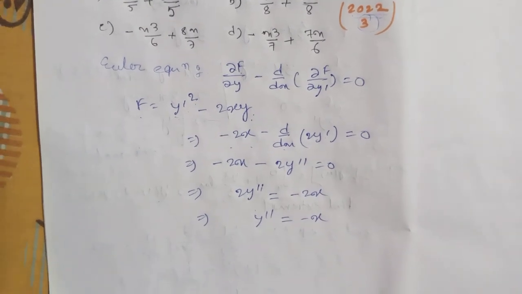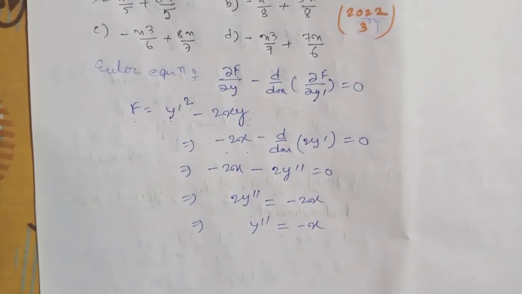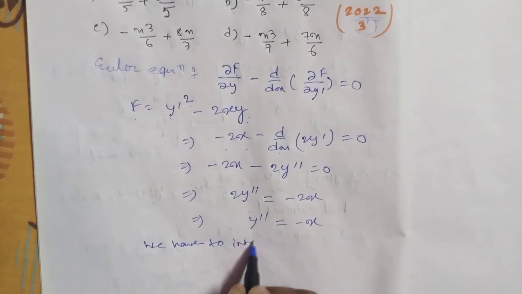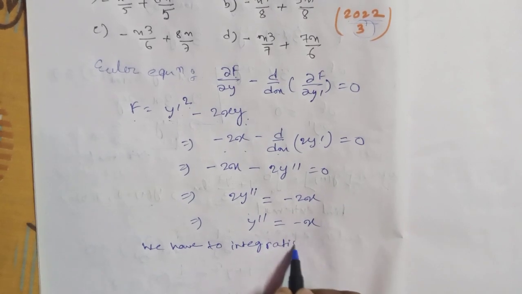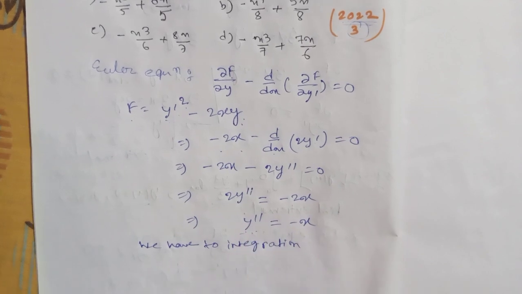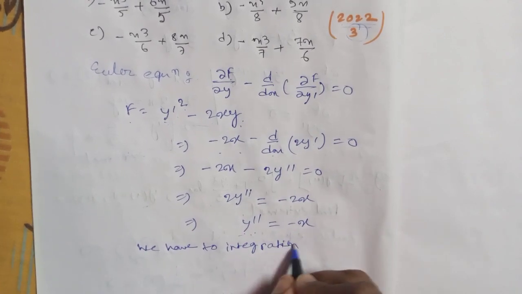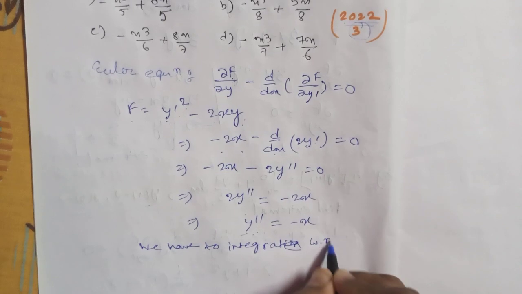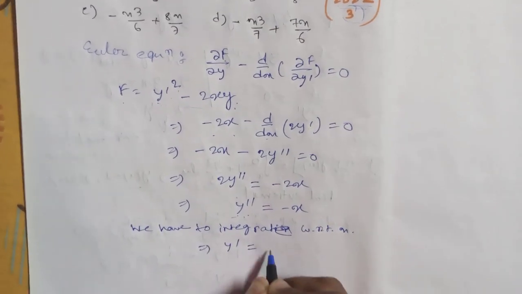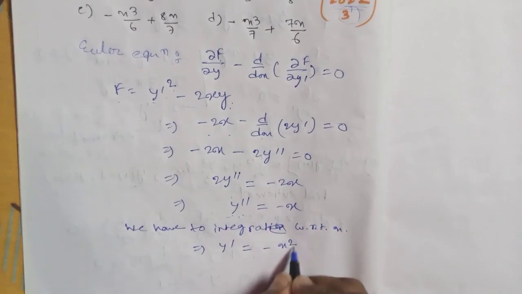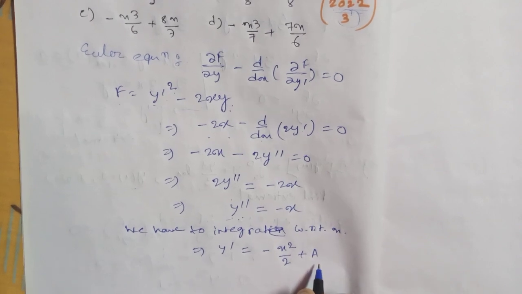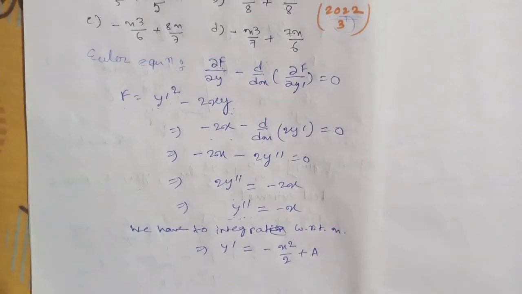Now to find the value of y, what do we have to do? We have to integrate, right? Because you have to find the value of y. Here we have been given the value of y double dash, so we have to integrate with respect to x. So y dash equal to minus x square by 2 plus a, where a is an arbitrary constant, an integration constant, right?